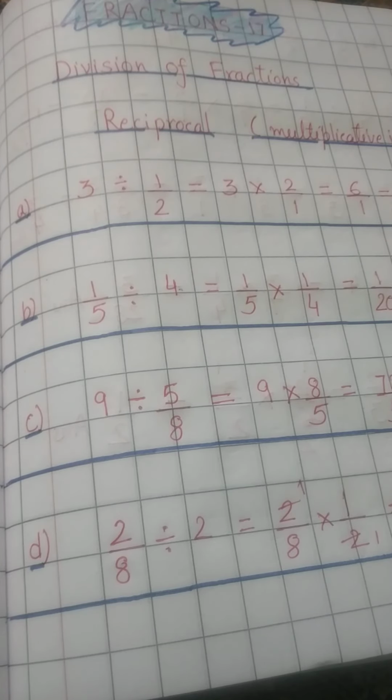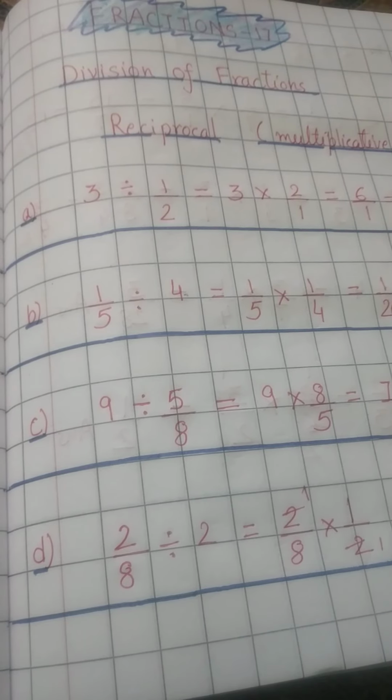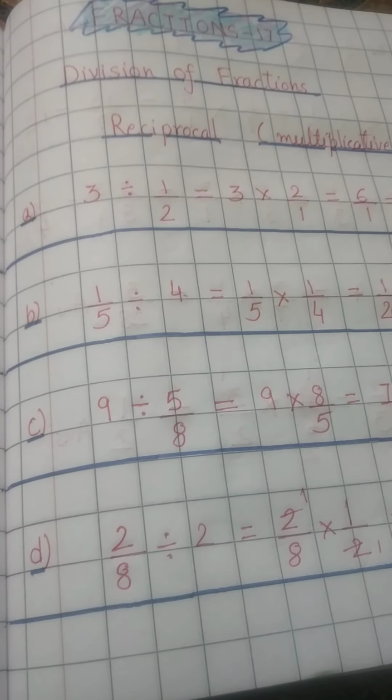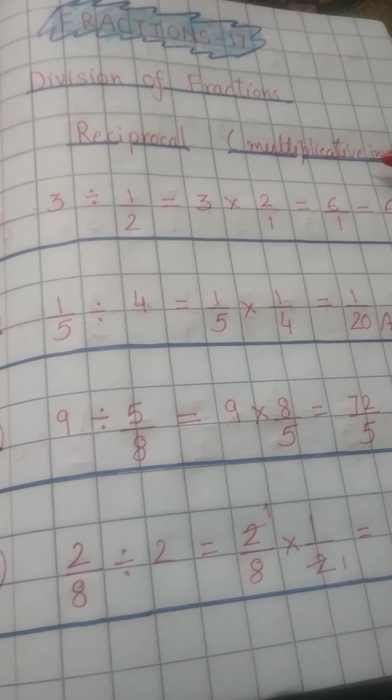In today's fraction part 17 we will do division of fractions, and in division of fractions you first have to know about the reciprocal. Reciprocal is also called the multiplicative inverse.